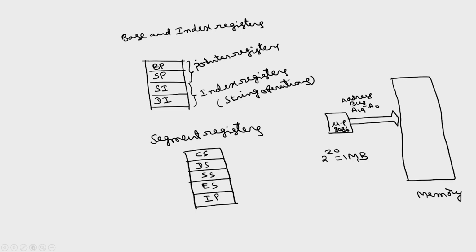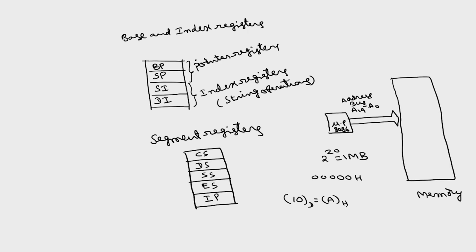The physical address of each memory location, 1 megabyte, starts with 0000H. Normally the memory will be addressed by using hexadecimal numbers. You know this hexadecimal number system. 0 to 9 is the same as decimal, and decimal 10 is equivalent to A in hexadecimal.